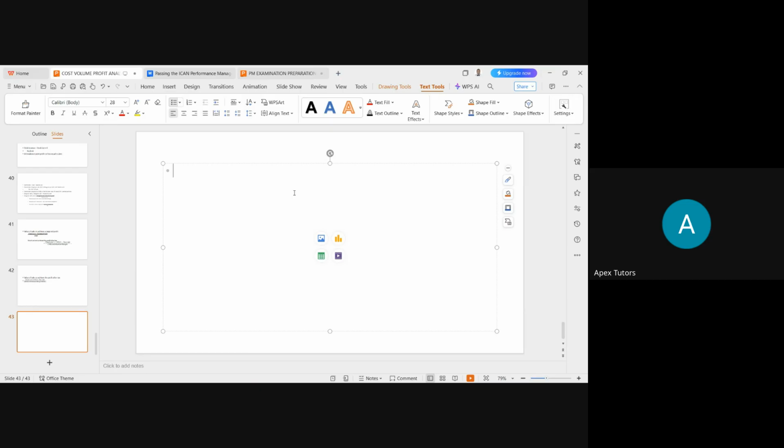for multiple products, we can have a scenario where the sales mix is given, and we can also have a scenario where the sales mix is not given. In a question, they can state that product B will be 80% of the sales revenue, which shows that product A will be 20%.